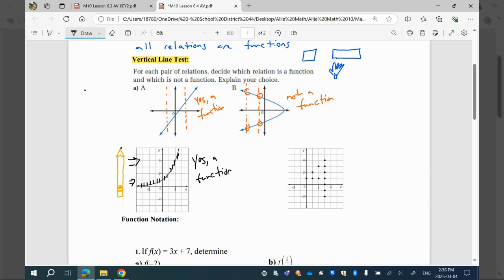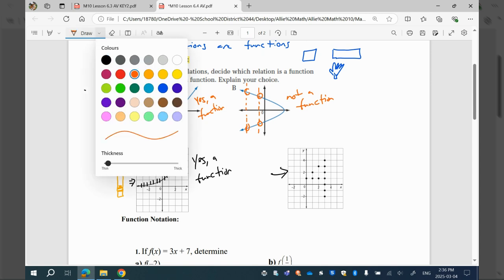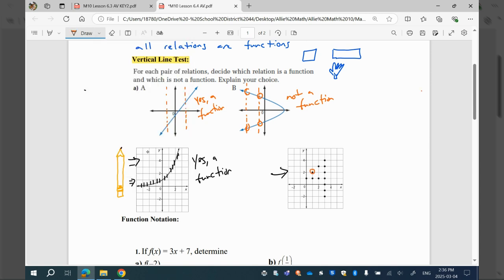But if we roll the same pencil sideways across this one, it would touch at the same time this dot and this dot, this dot and this dot, and all of these ones. So that means for each x input, there's more than one y. And so this is not a function.